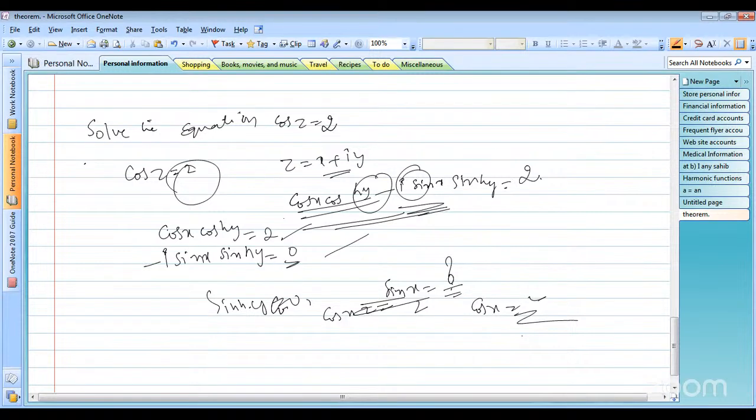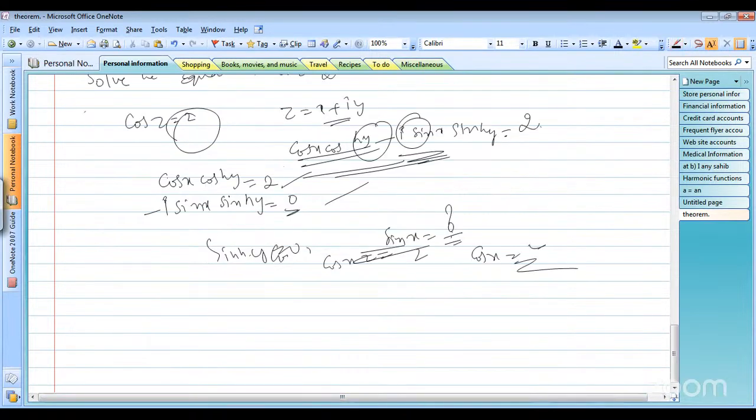Cos x is equal to z we are taking here. So therefore sin x is equal to 0. Therefore, what is the x value?